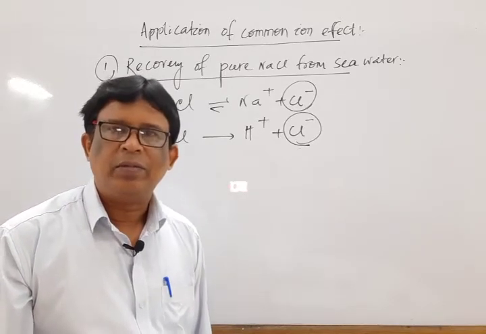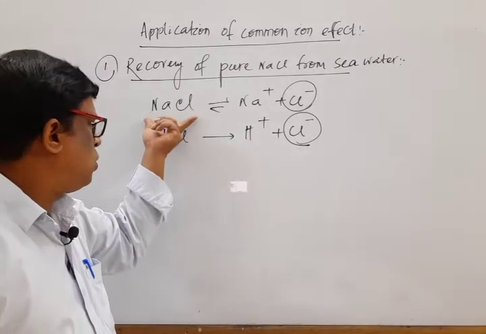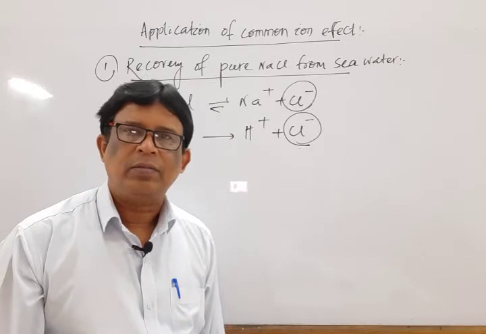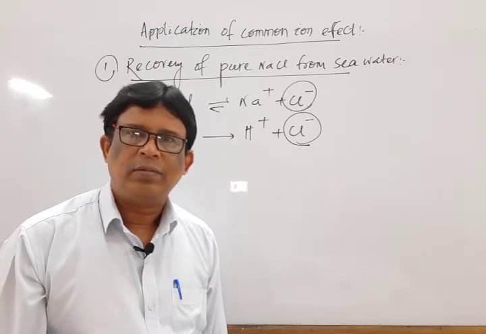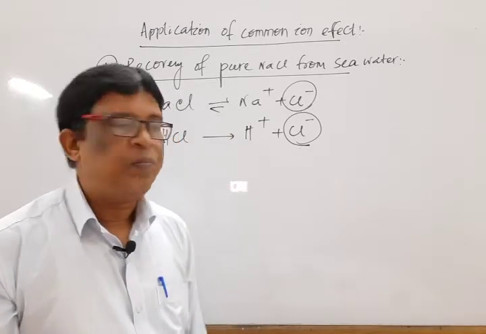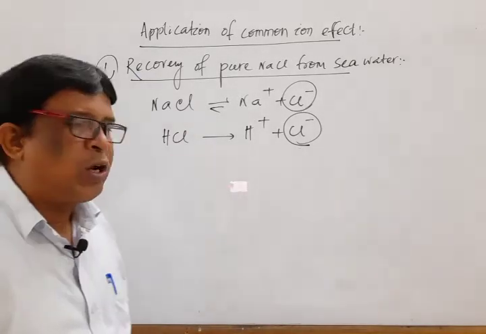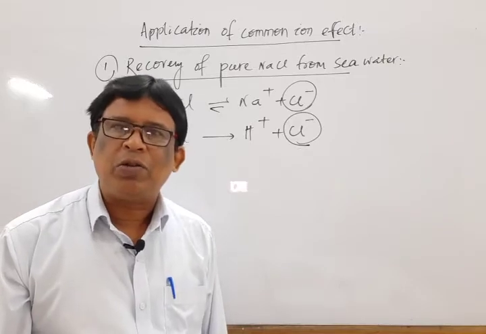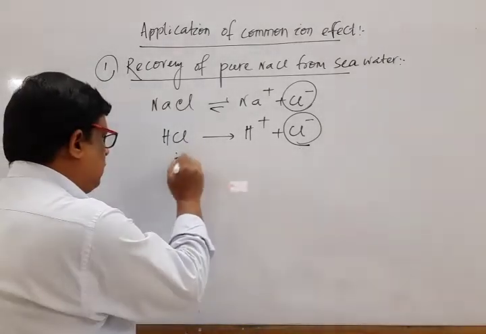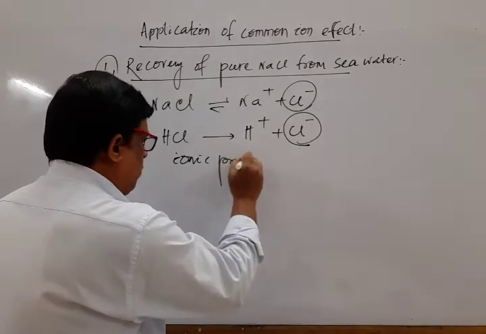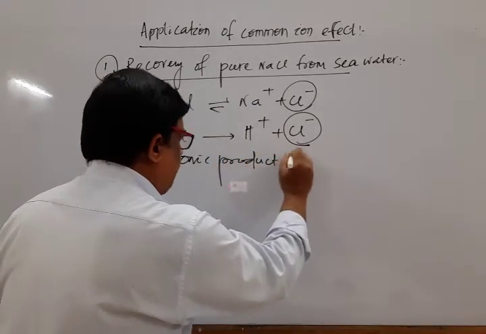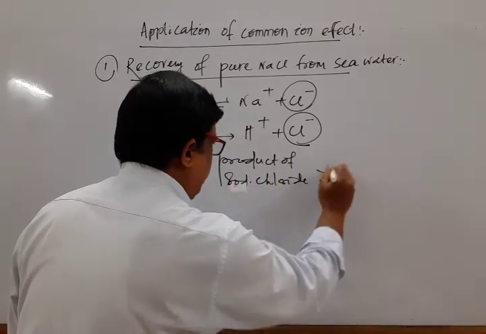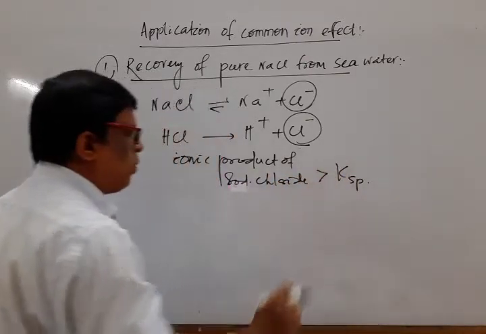In other words, the dissociation or ionization of sodium chloride is suppressed. In other words, we also say that the ionic product of sodium chloride exceeds its solubility product.